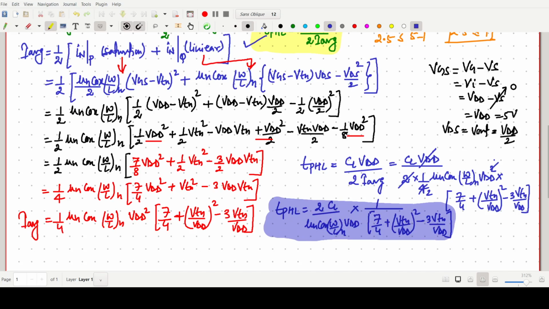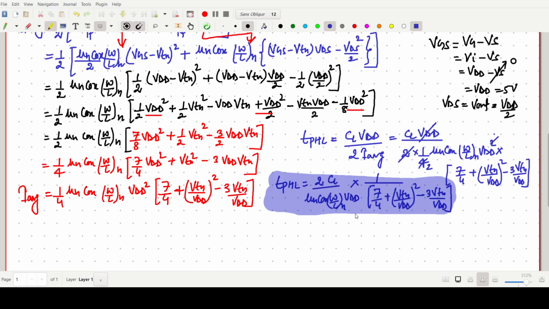So this is a very fundamental formula, we can say, but it is better to derive it every time, because it is a very easy concept, but you have to know all this type of calculation. Now this tau PHL is nothing but simply twice CL.